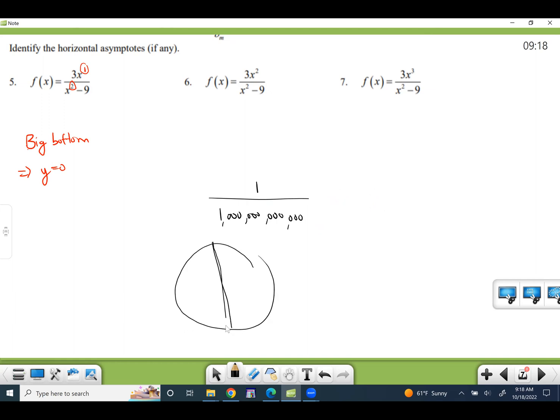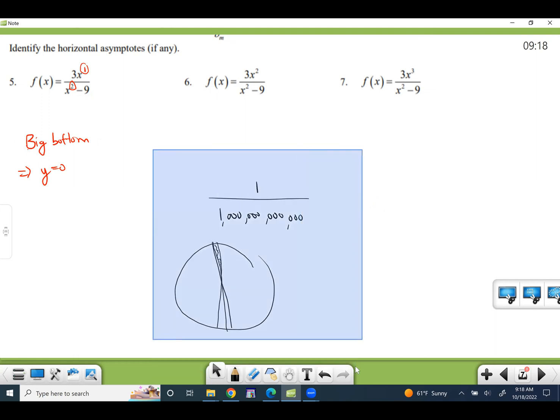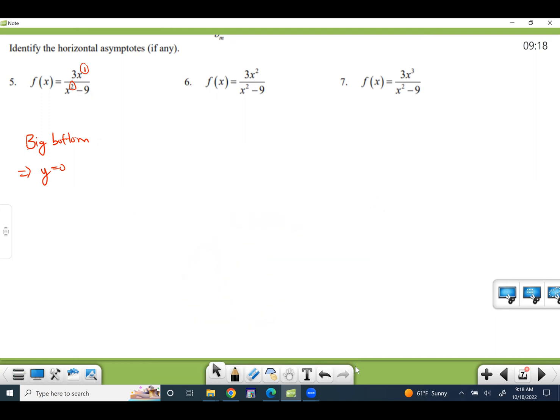You would be getting basically nothing. You'd be getting such a small piece, we might as well call it 0. So if you think about the bottom of a fraction being very large, then overall you're getting a very small number that's heading towards 0 if the bottom keeps growing.